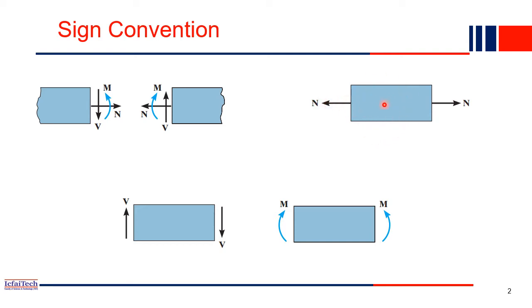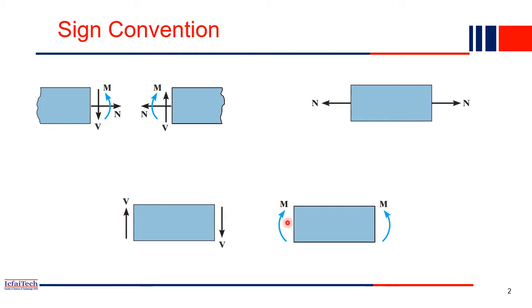Tension in a body we call positive. Similarly, if you apply a shear force that tries to rotate the block in a clockwise direction, then that type of loading direction we call positive.